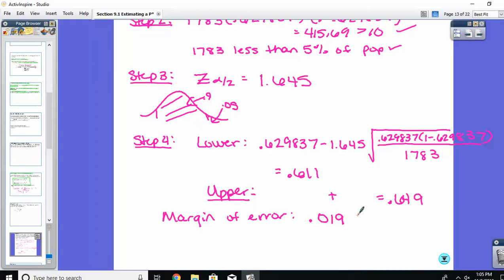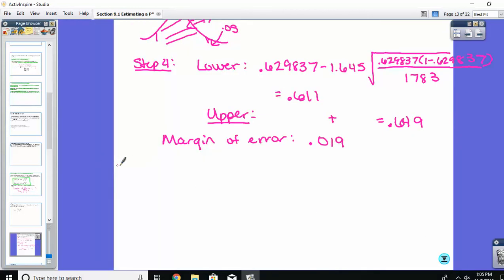So, the final thing I just want to do is write a little sentence about what this means. It's essentially saying if I went out and collected a bunch of different samples. This was a 90% confidence level.